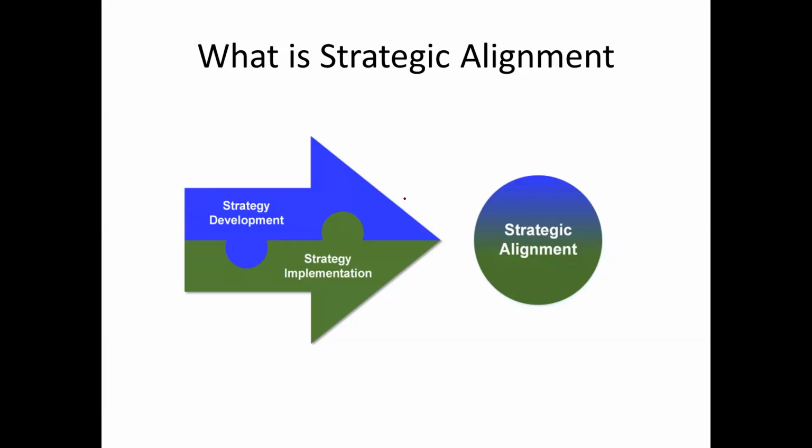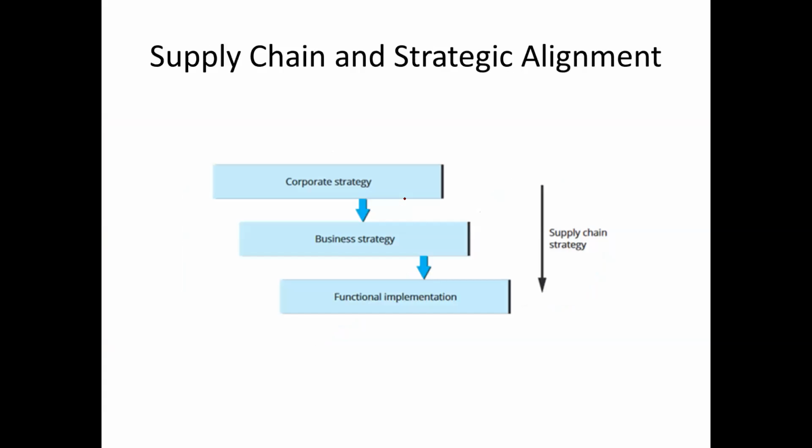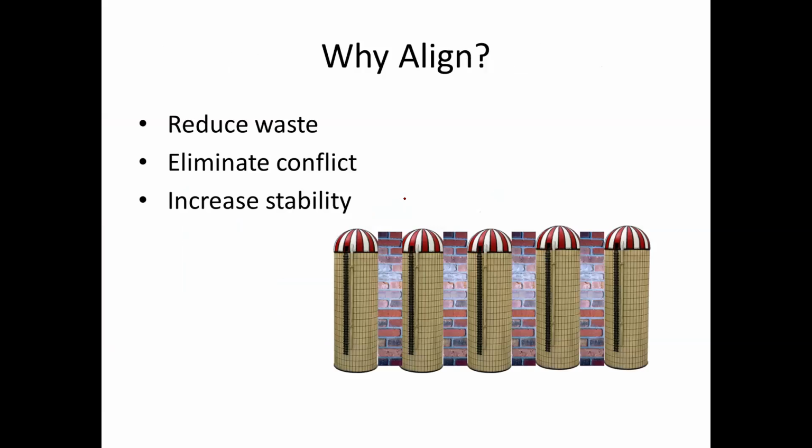Well, what is it indeed? The study guide shows that, from corporate strategy, you get business strategy, functional, and it's got to be aligned. And you've got your supply chain strategy showing down there. So that model's okay. Why do we need to align?